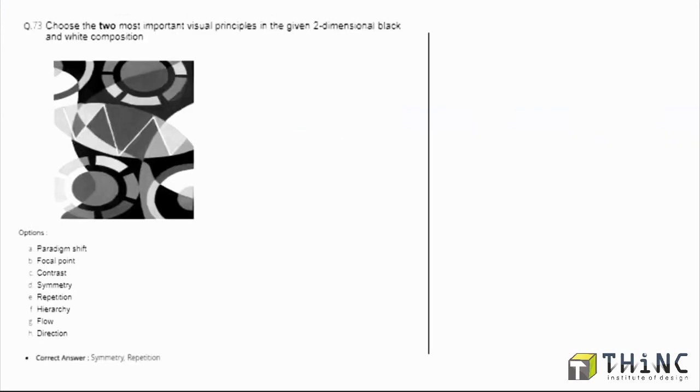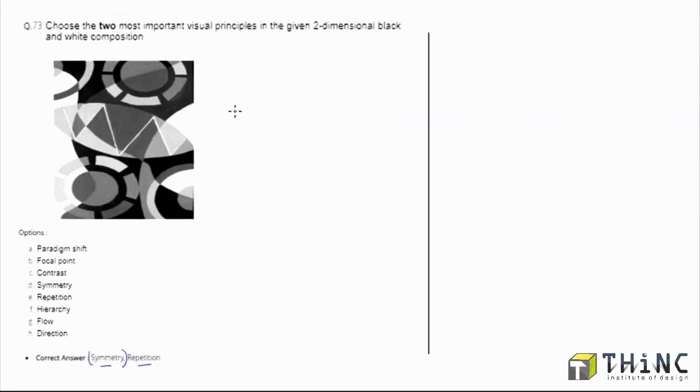Moving on to the next one. Choose the two most important visual principles in the given two-dimensional black and white composition. The given options are paradigm shift, focal point, contrast, symmetry, repetition, hierarchy, flow, and direction. Here, the option provided by the Council of Architecture was symmetry and repetition, but we are not sure of symmetry here.